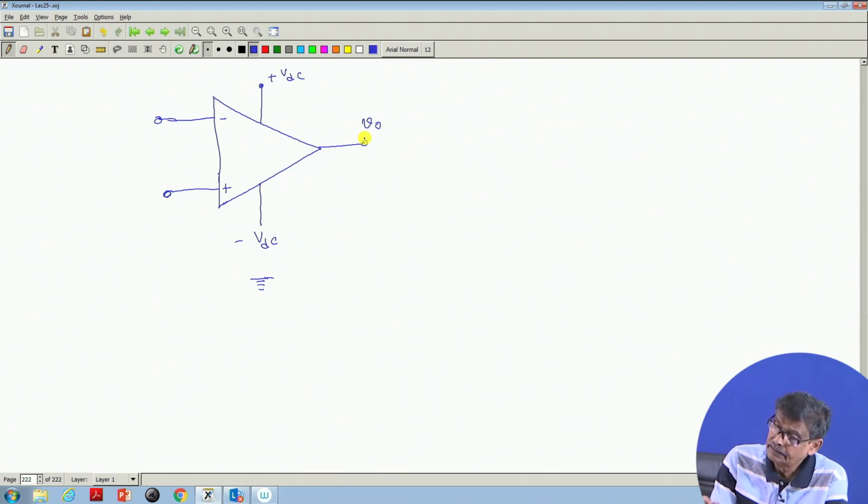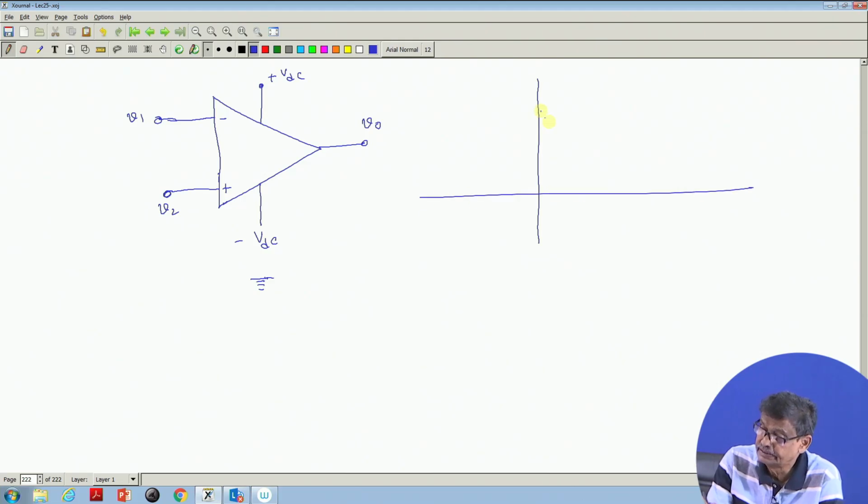Now, suppose this voltage I call V2 and this voltage I call V1 with respect to this ground, and I want to sketch the output voltage V0 against the difference of these two voltages, V2 minus V1, to see how this output voltage changes.